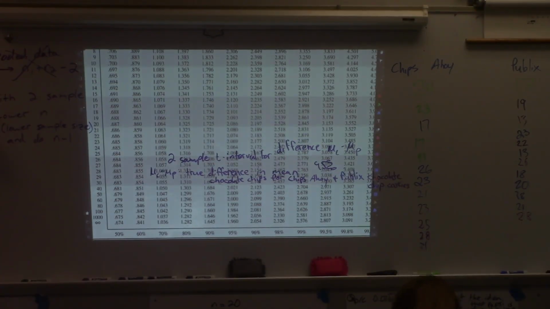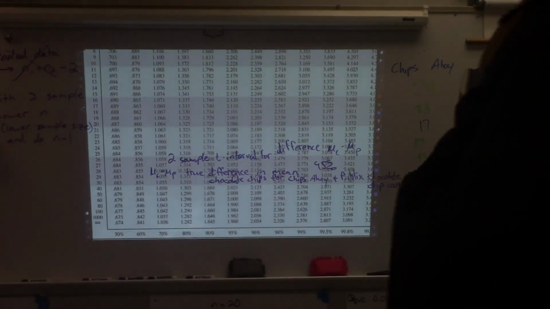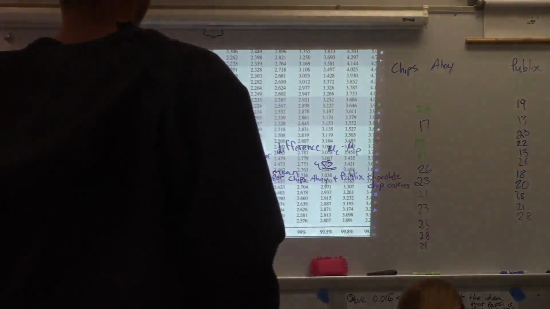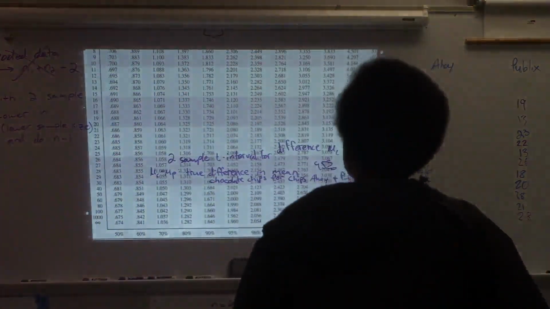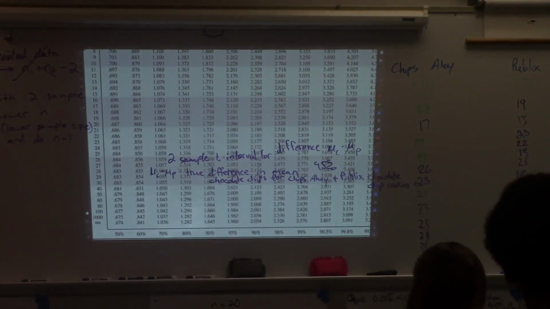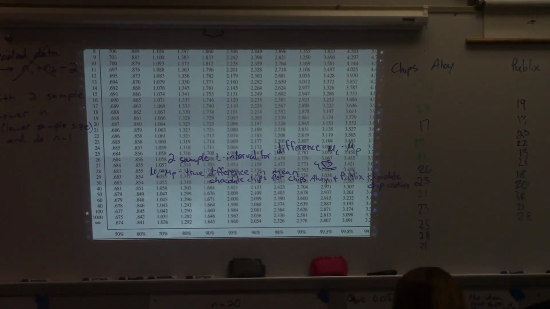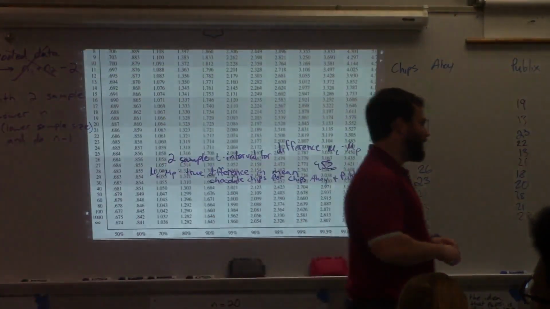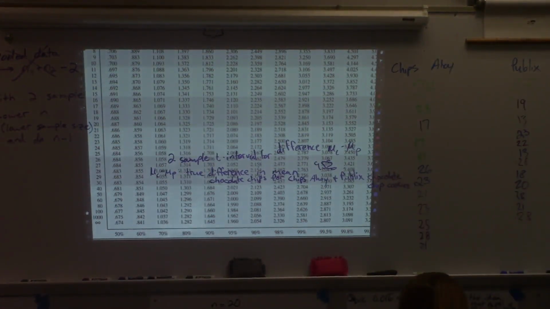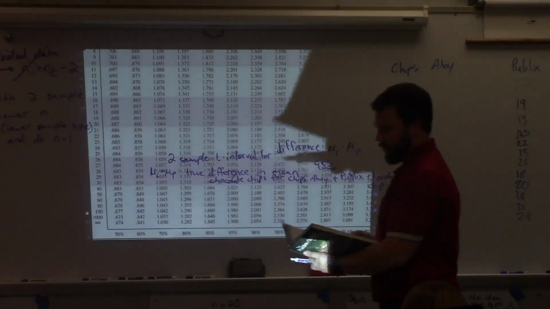Because what happens when my degrees of freedom is lower? What happens to our critical value? It gets bigger, right? So this is the conservative approach. Here is the alternate approach. I'm going to tell you this, I don't memorize this formula. It's a hard pass.